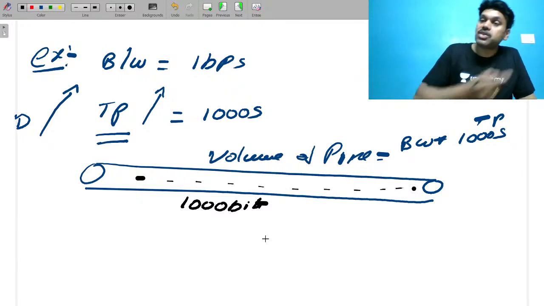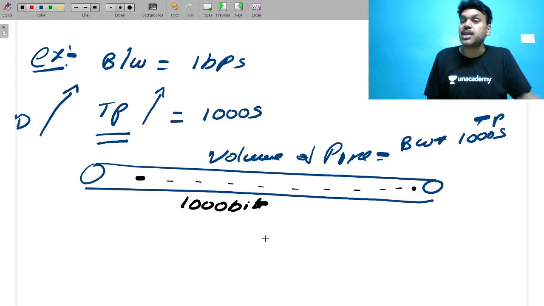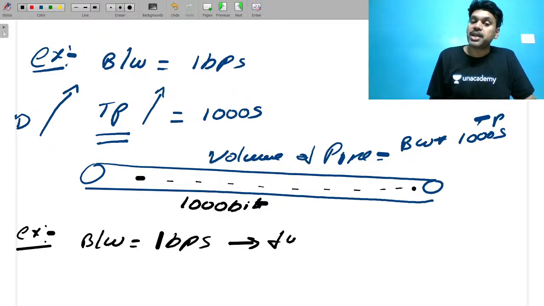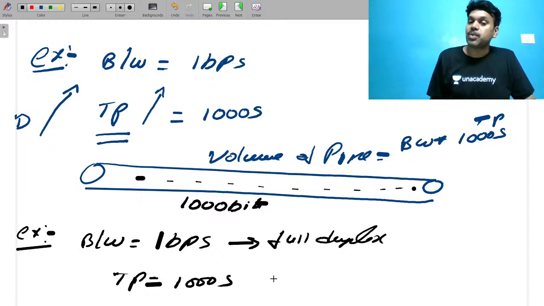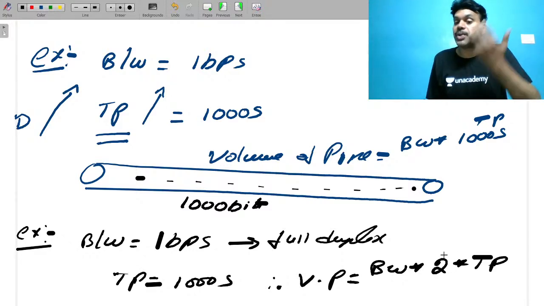If the other side is also injecting, both sides are sending the data and the delay is taken as 1000 seconds. Sender and the receiver both are sending the data here. So bandwidth is 1 bit per second and both sender and receiver are sending, a full duplex channel. Then what is going to happen? Your TP is the same, 1000 seconds only. And your volume of the pipe is nothing but your bandwidth into 2 into TP, 2 into your end-to-end delay.